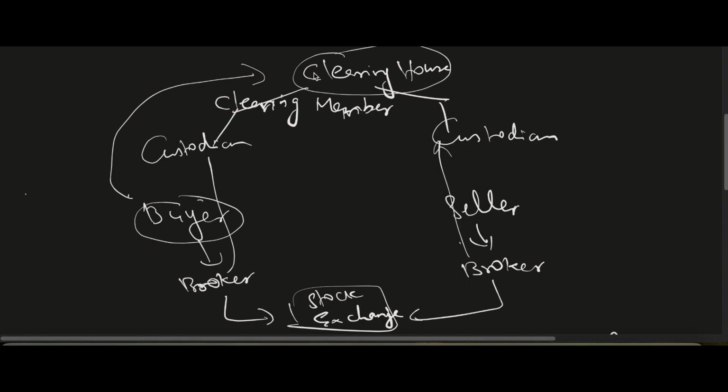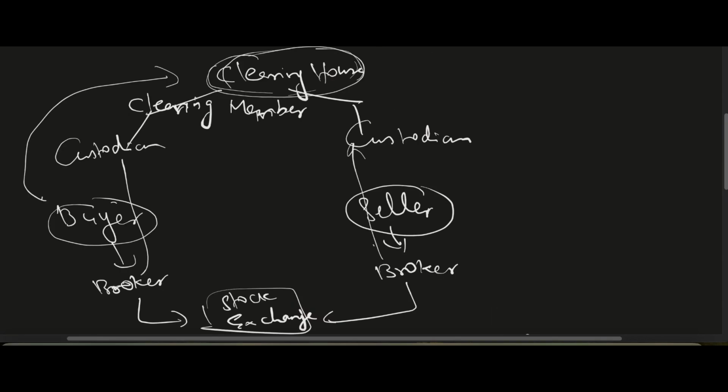For the buyer, the clearing house is the seller, and for the seller, the clearing house is the buyer. If the clearing house is taking the counterparty guarantee, it has to have some tools to handle a failed trade. So let's see how the clearing house handles such a failed trade.